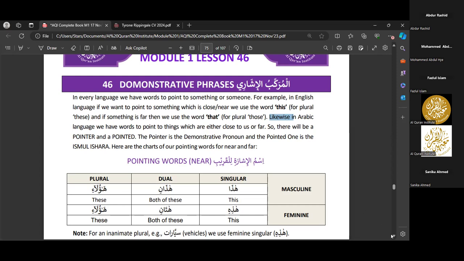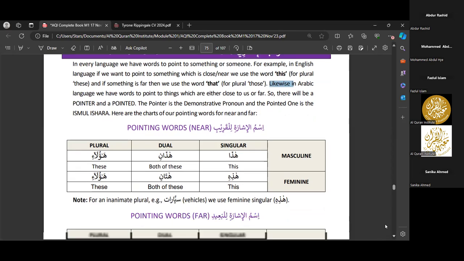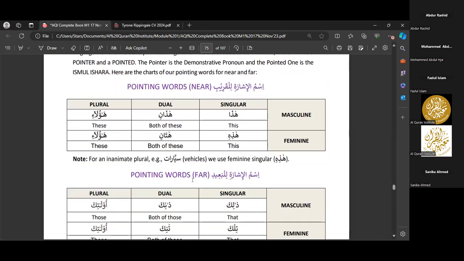We should have covered this many times, so this is more of a revision. Everyone knows what these words mean and how you use them. And it's the same for things that are far: ذلك, أولئك, تلك, أولئك. We've seen this a million times by now, inshallah.